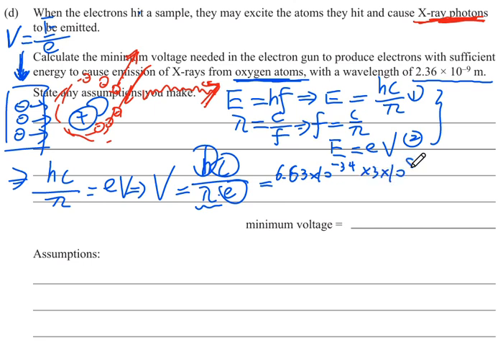So we want to write it like this. Times 3 times 10 to the power 8. And lambda is given here, 2.36 times 10 to the power of -9 times e, 1.6 times 10 to the power of -19.